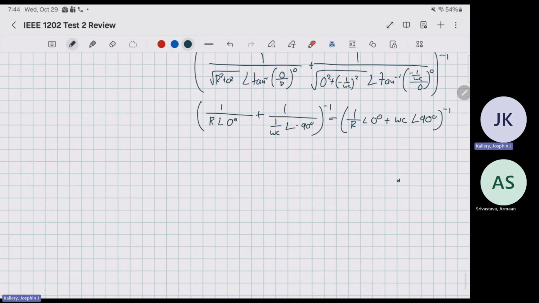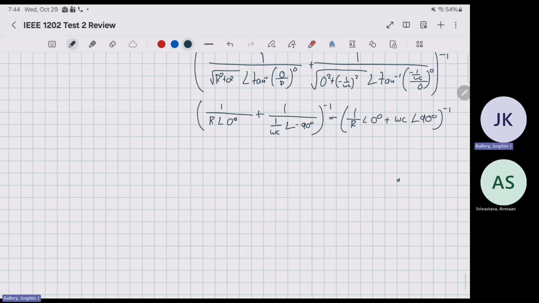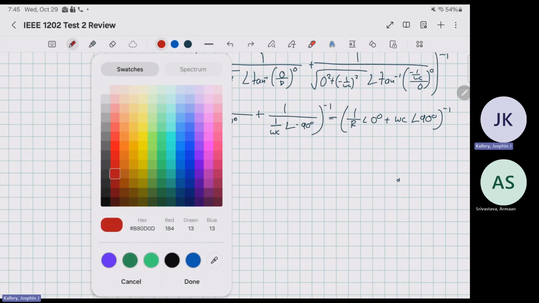Okay, all right. Now from this expression, I have addition, and for that I need rectangular. So once again, I have to convert back to rectangular. Let's first convert this expression. Let me write it in red.